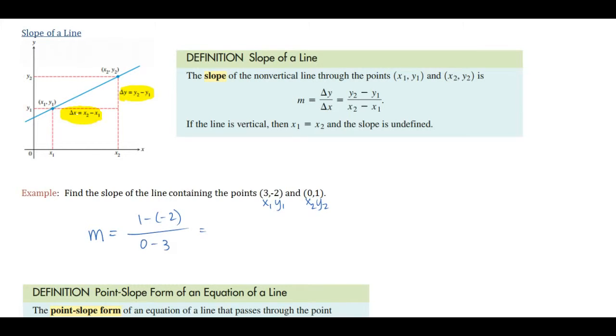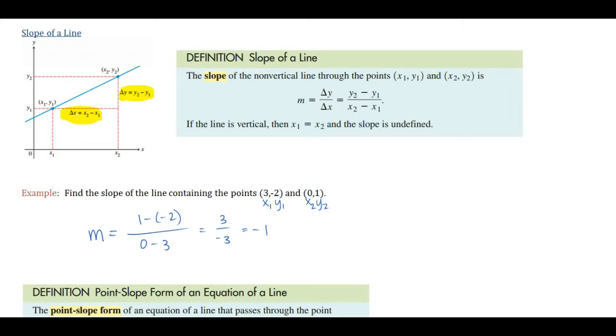And I get myself here a 3 over a negative 3, which is a negative 1, and that doesn't make sense because why on earth would my slope be negative? So let me check one more time. 1 minus a negative 2 is 1 plus 2 is 3, and 0 minus 3 is negative 3.